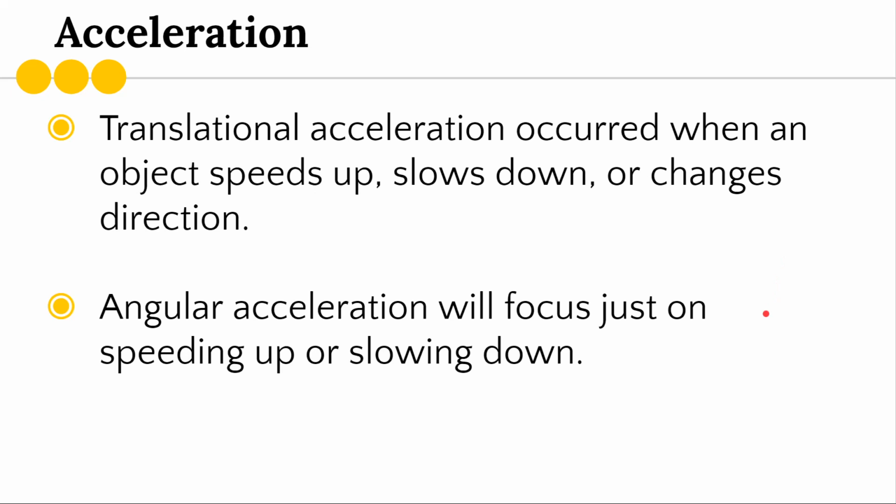All right, so when we talk about acceleration, we talked about it with translational motion already. When we had an object that speeds up, slows down, or changes direction, we said that that object was undergoing translational acceleration. When we talk about angular acceleration, so for objects that are undergoing rotation, we just focus on speeding up and slowing down.